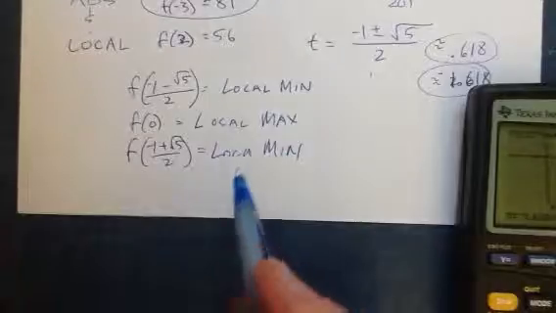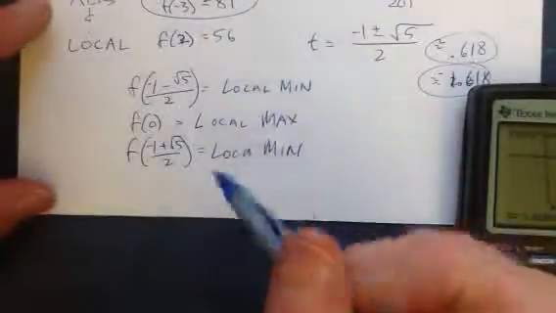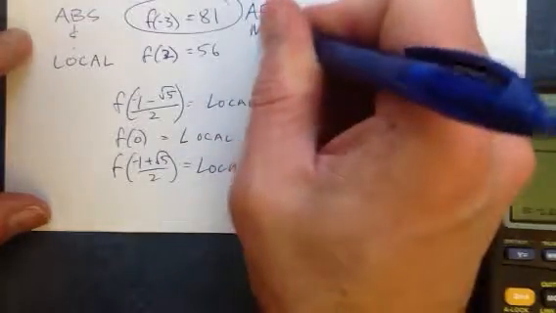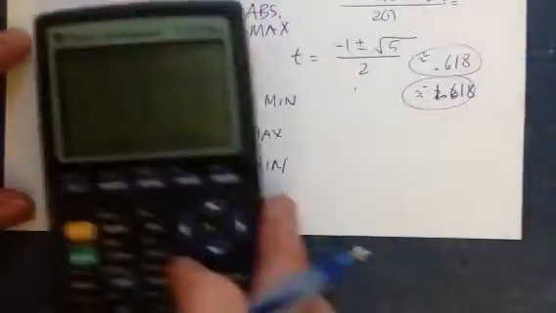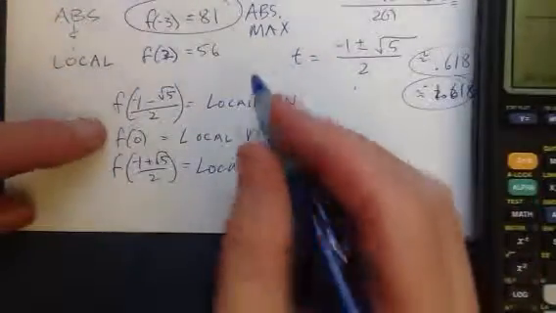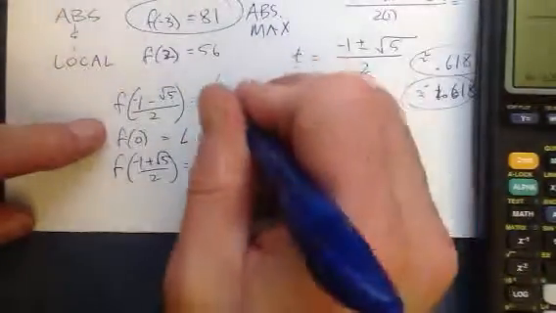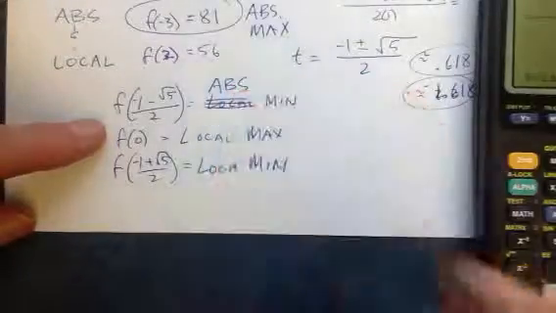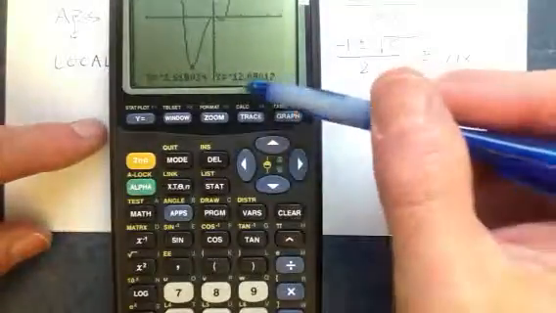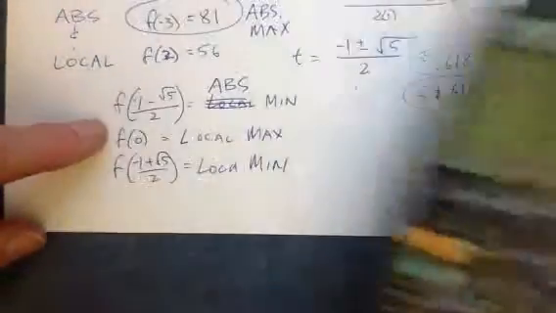Okay, so you try the endpoints, and this is our absolute max. And then where is our absolute minimum value? Oh my goodness, it's this one. So I wrote local, but this is absolute. Sometimes you have to do a rough draft and catch yourself. That's the absolute minimum value of the function there, okay? And we're done with that.